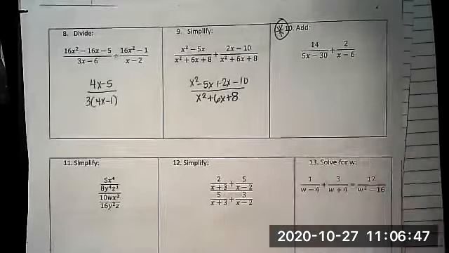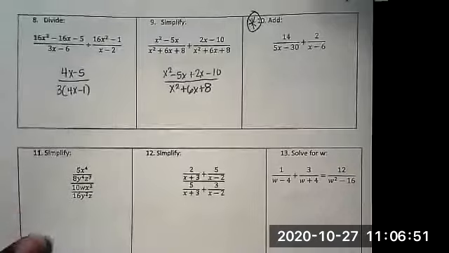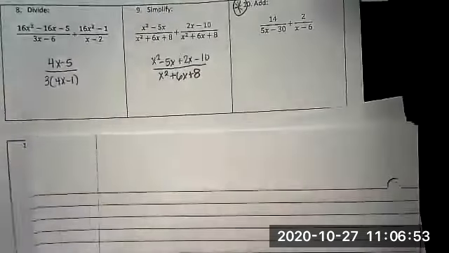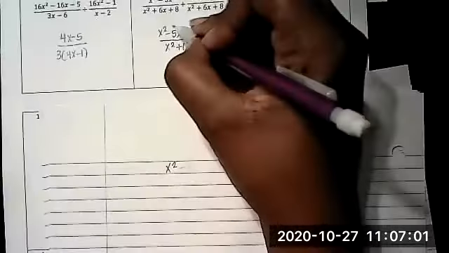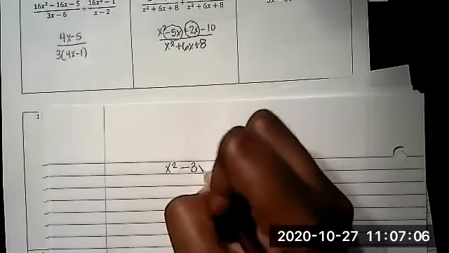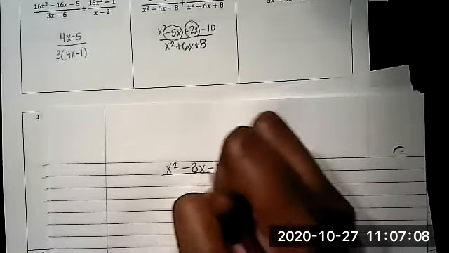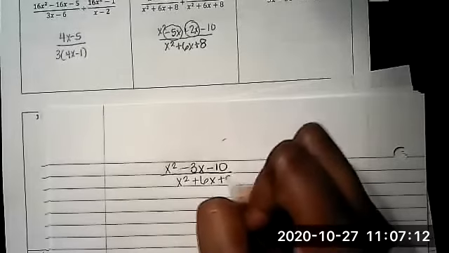So now, I really might have to write this out because I think I have to factor it. Okay, so now it becomes x squared minus 5x plus 2x. When I have those together, I can combine them. Negative 5x plus 2x becomes negative 3x minus 10 over x squared plus 6x plus 8.